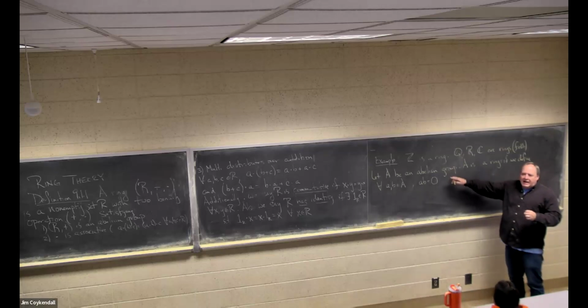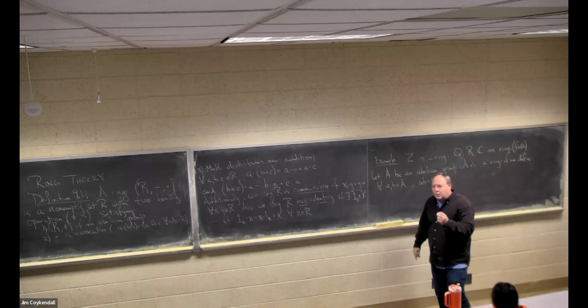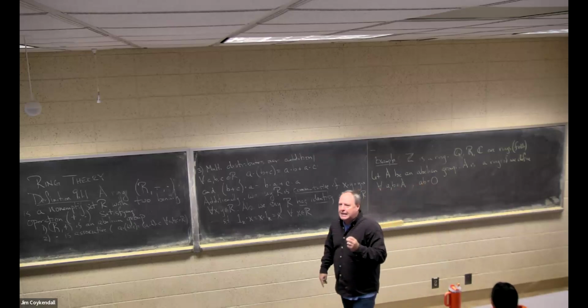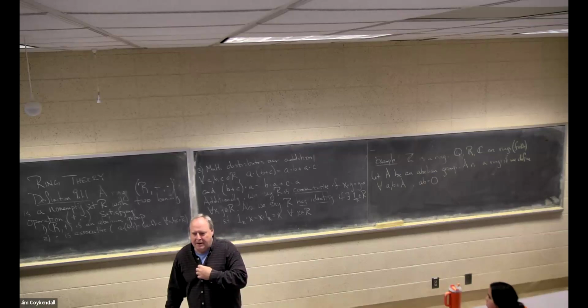So in other words, now I can have a finite ring just by taking a finite abelian group and endowing it with zero multiplication. Let me ask you this, can anybody think of a finite ring that does not have zero multiplication?